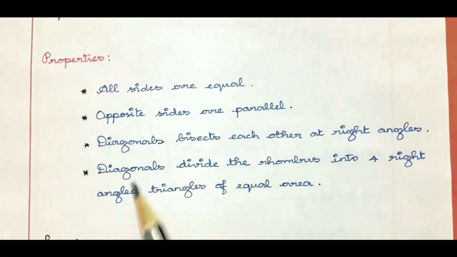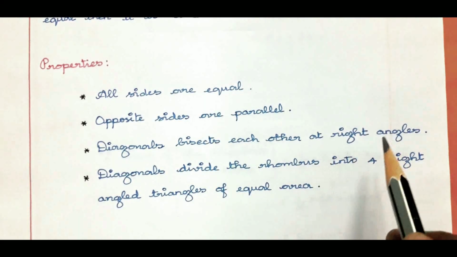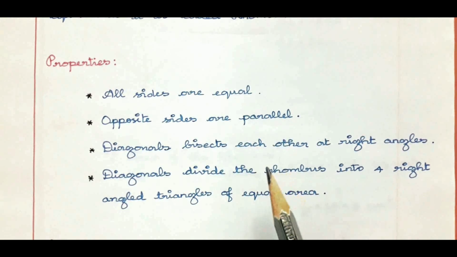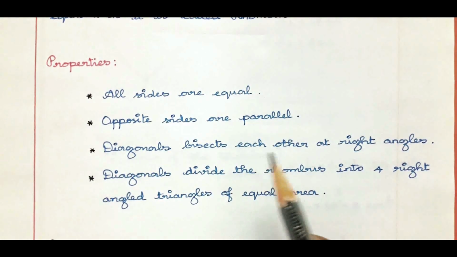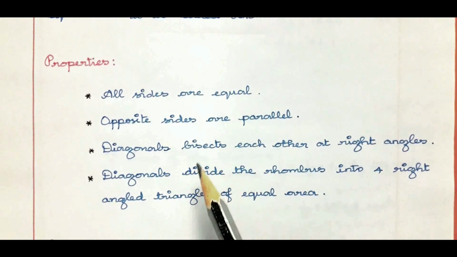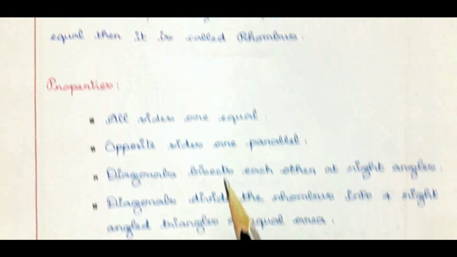The third property is that diagonals bisect each other at right angles. Bisect means they will meet each other, but they will meet at 90 degrees.